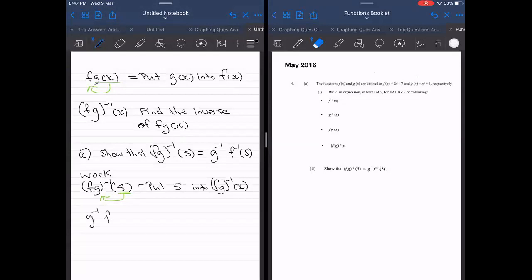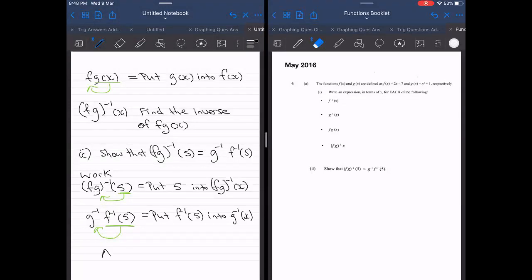G inverse, f inverse of 5 is saying f inverse of 5, put it into G inverse. Right, so this is saying put f inverse of 5 into G inverse of x.